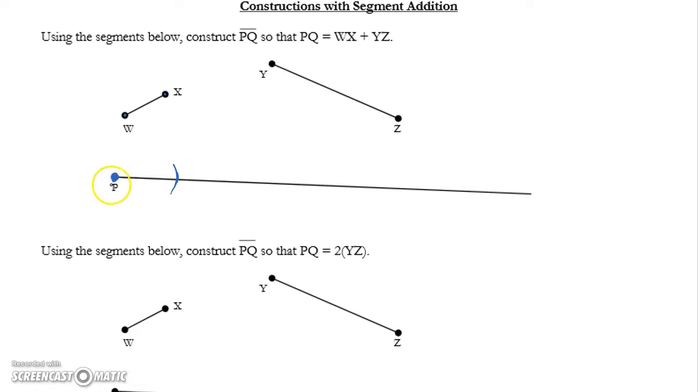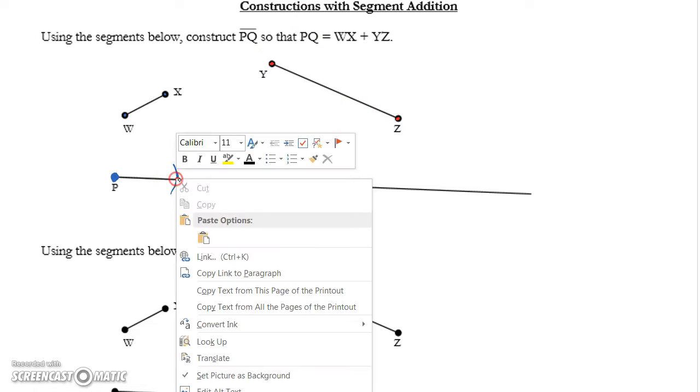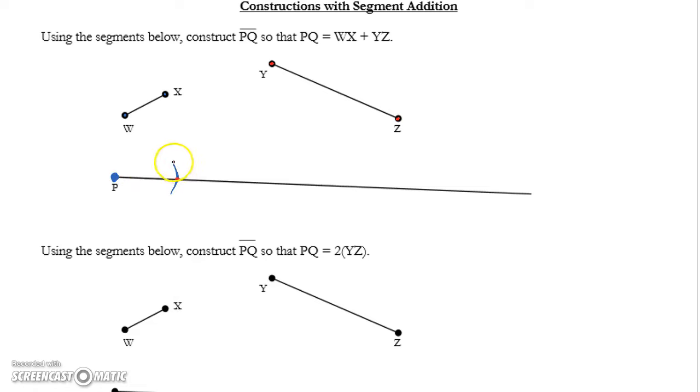That's guaranteeing that we've started this segment by finding the length of W to X. Now I'm going to open my compass up, put the point of the compass on point Y, open the hinge so that the pencil opens to point Z. I have a wider hinge setting now, but I lock that in place and move the point from Y down to my intersection from my first arc. Take my pencil and draw my second arc. That's going to equal the length of segment Y to Z.